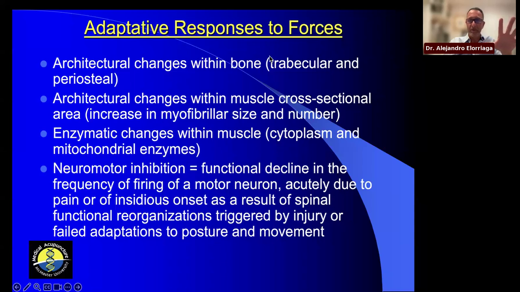So we have adaptive responses in the body to forces, and this is what we have to learn to identify in our exam. Architectural changes within the bone, we don't see them, but they happen. The bone takes years to become fully ossified, calcified. The bone of the child is cartilaginous, and it grows from a certain area, the growth plate.